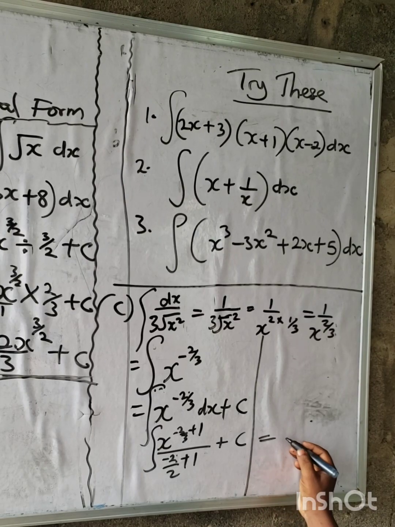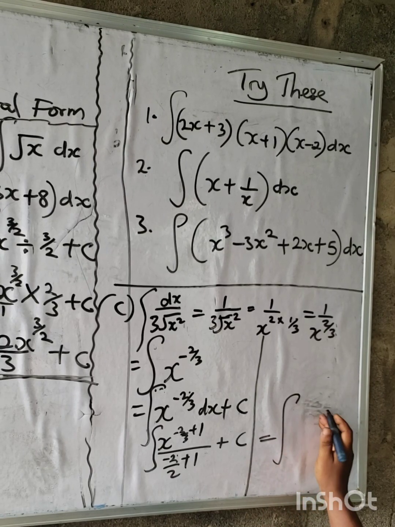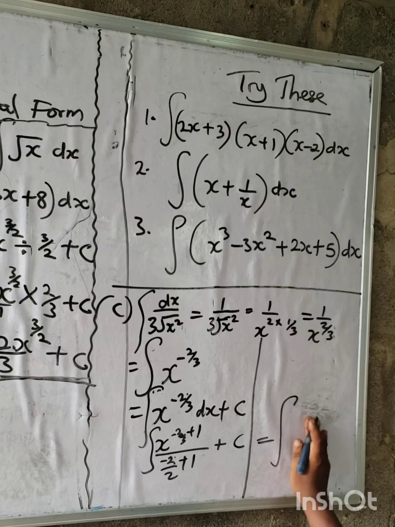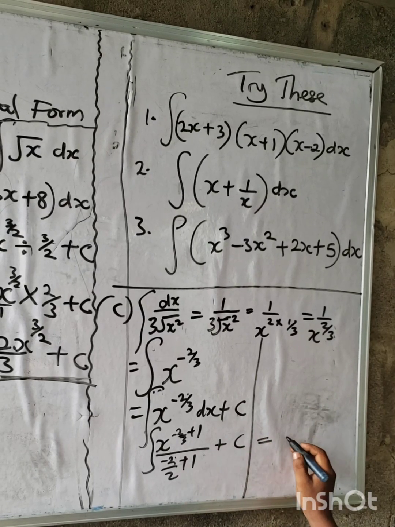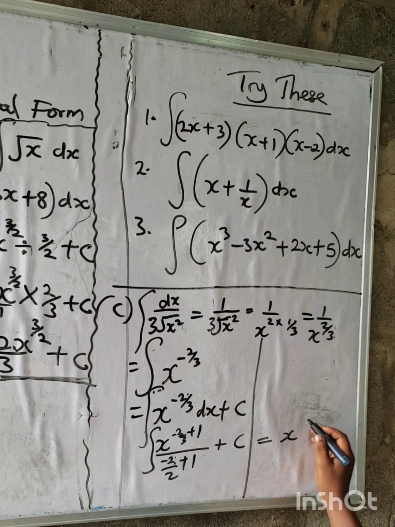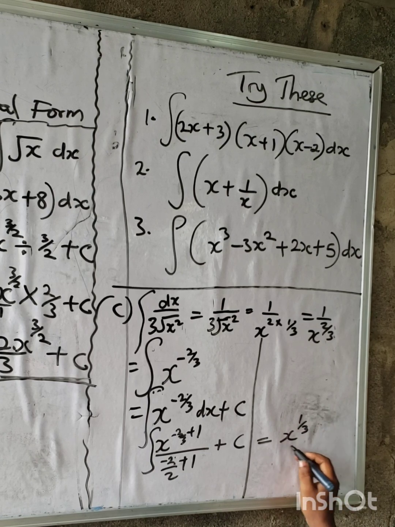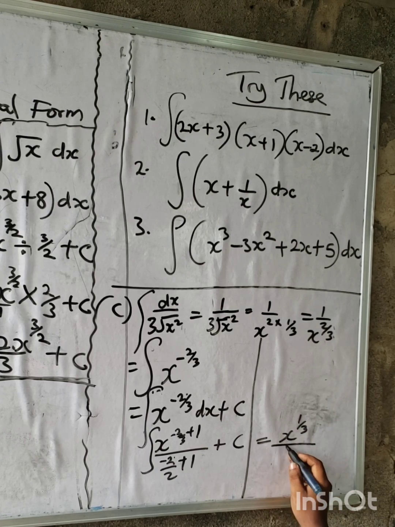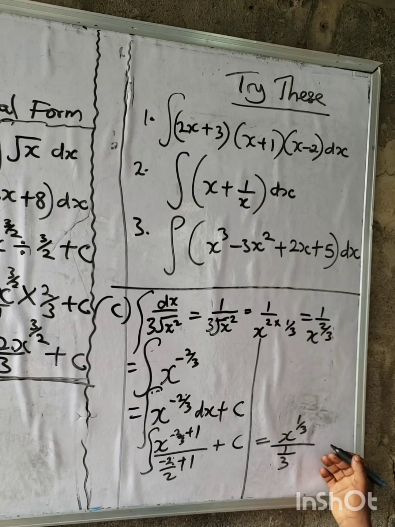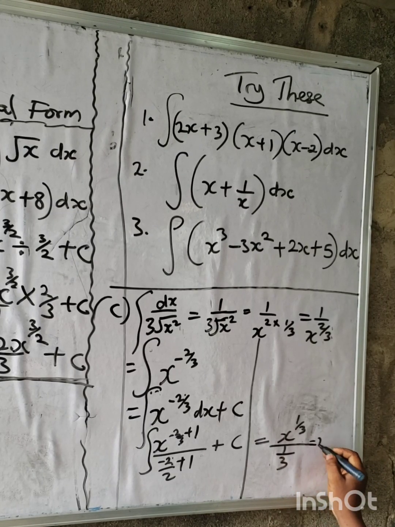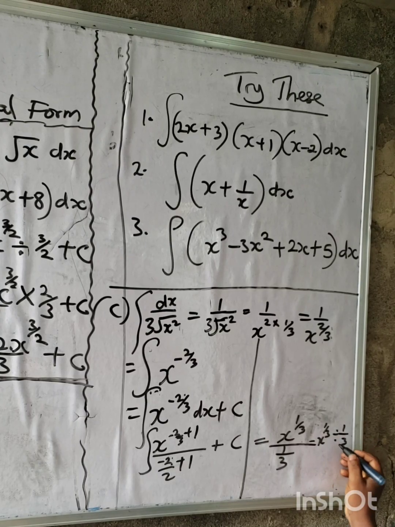This will become the integral, this is equal to x raised to power 1 all over 3 all over 1 all over 3. You know we can divide this. This will be x raised to power 1 all over 3 divided by 1 all over 3.